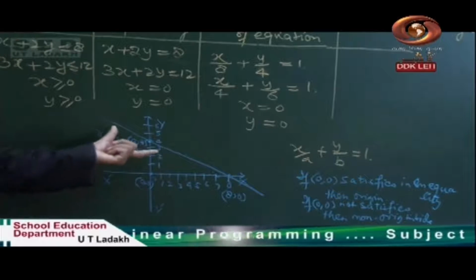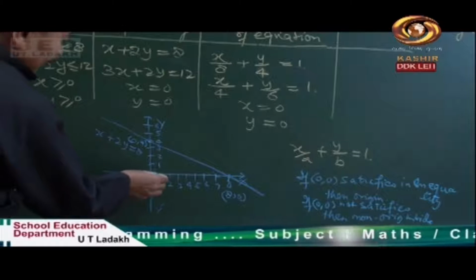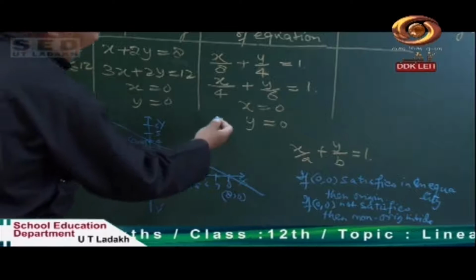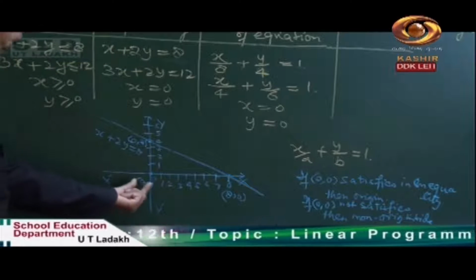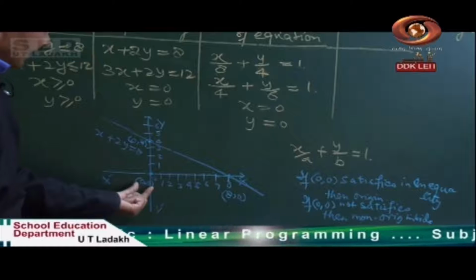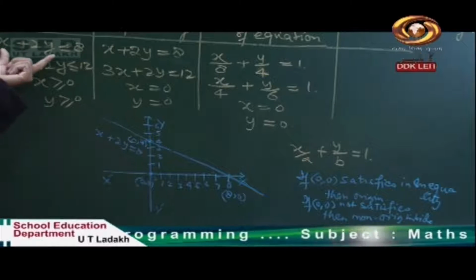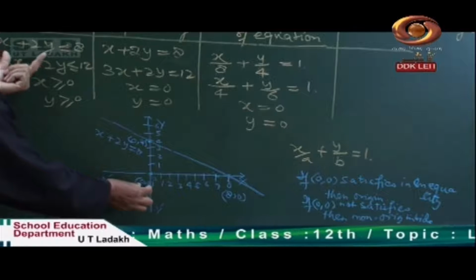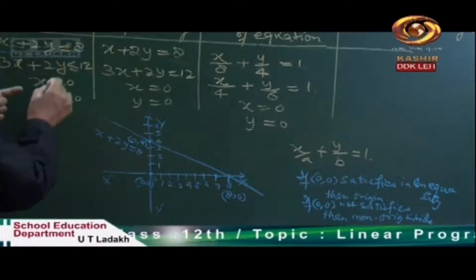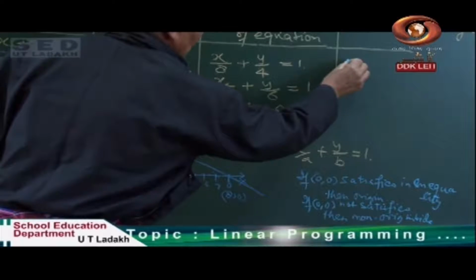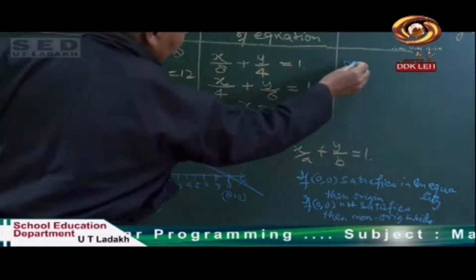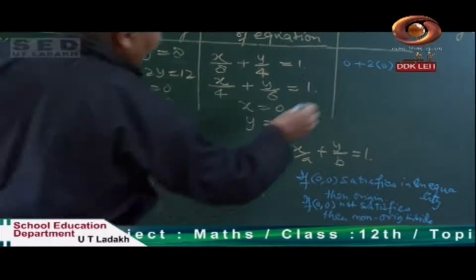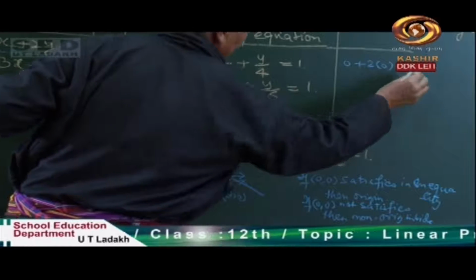So we check for this line. This point should not be on the line. It should be either below the line or above the line. But usually we use the origin point in this equation first. So if we use this value, we get 0 plus 2 into 0, that is less than or equal to 8.